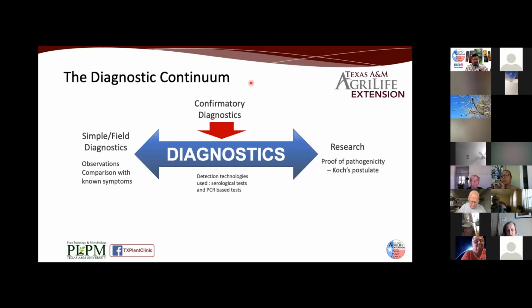Now, keeping that in mind, what happens if the test comes back and says X is present? Then the diagnostician has to make the decision and say, I see symptoms that are consistent with what X could produce, and now I have proof that X is present.